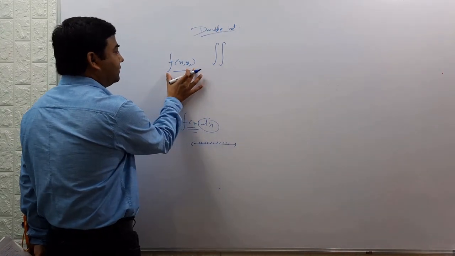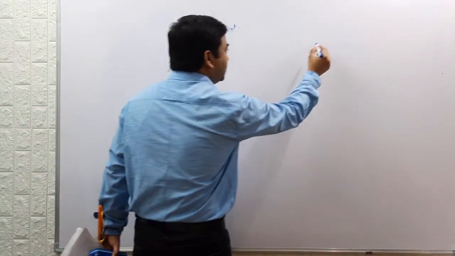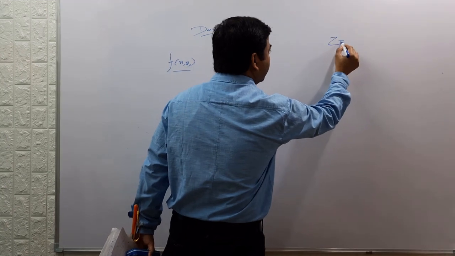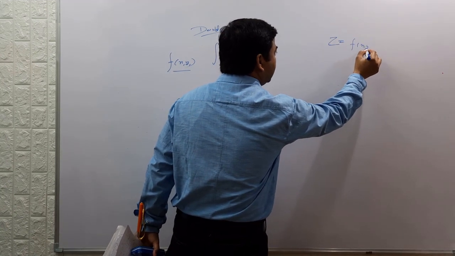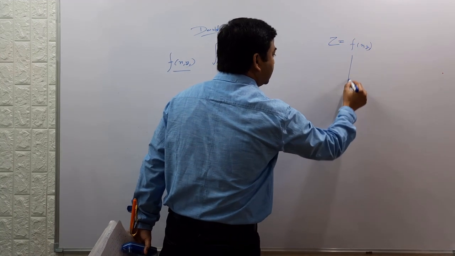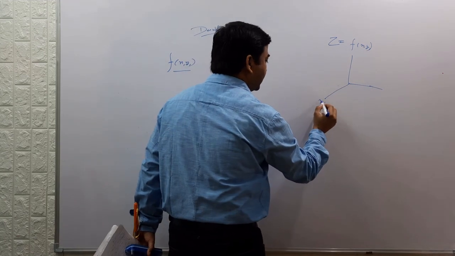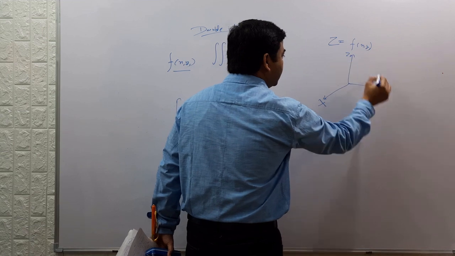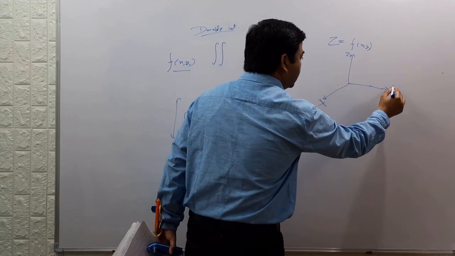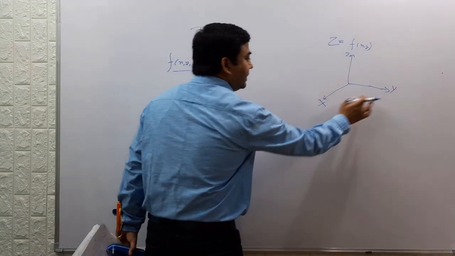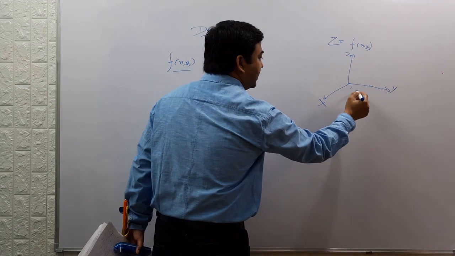Suppose this is a function f of x and y. So let z equal f(x, y). This is the coordinate system x, y and z. X and y will lie on this plane.